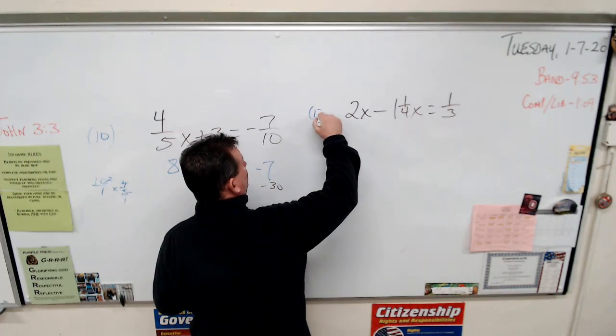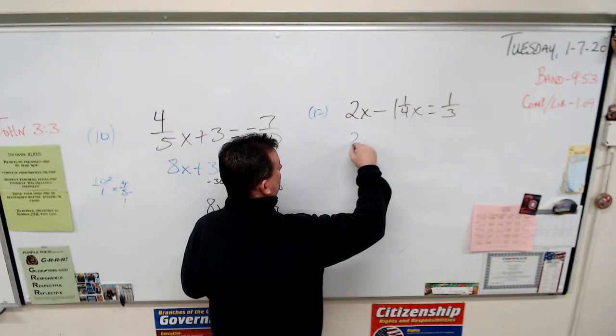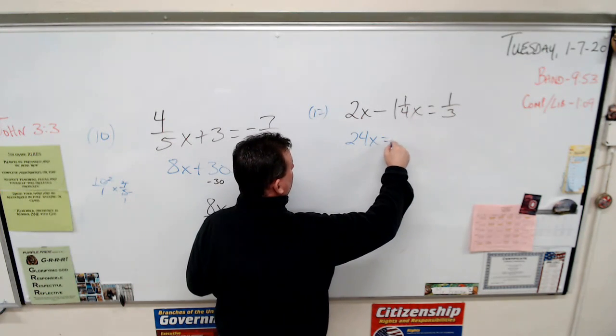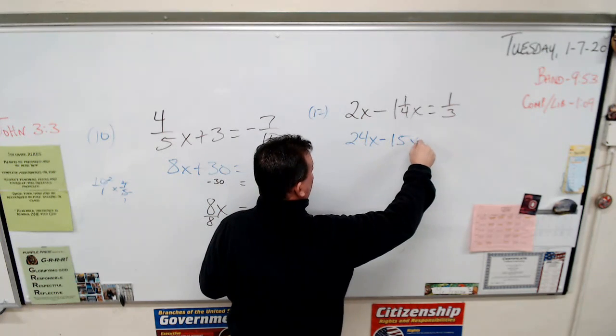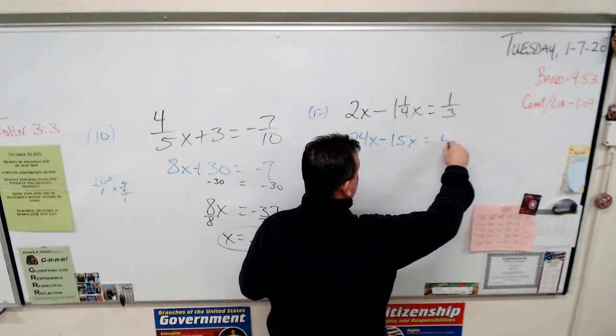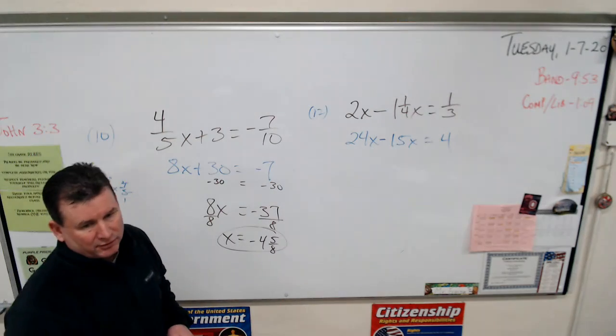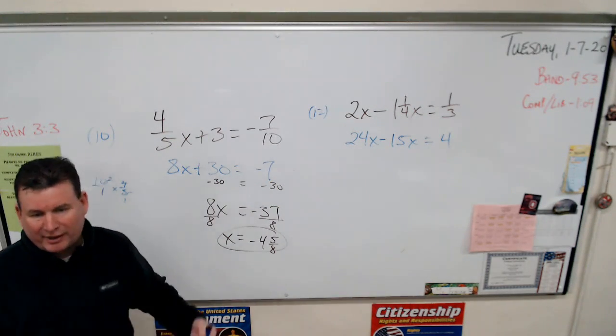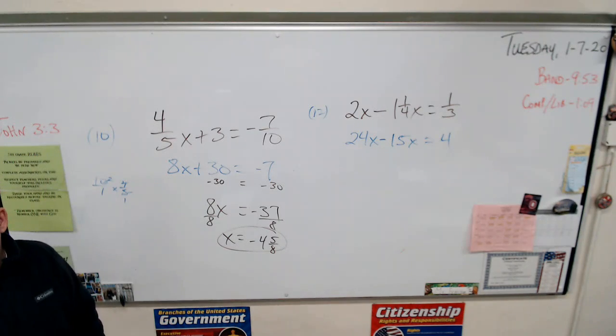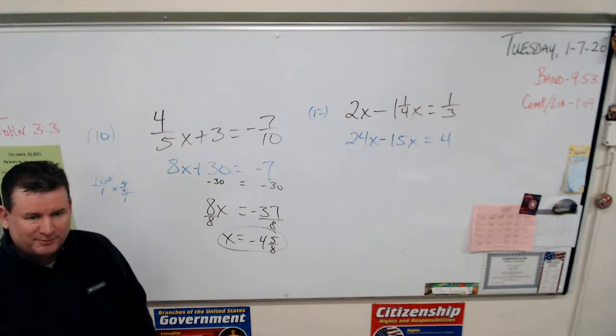If I multiply everything out here by 12, I get 24x minus 15x equals 4. Now, no one's going to raise their hand, and I'm going to say, does everybody understand how I got from one line to the other? And there's at least 4 people that don't understand, and no one's going to raise their hand.